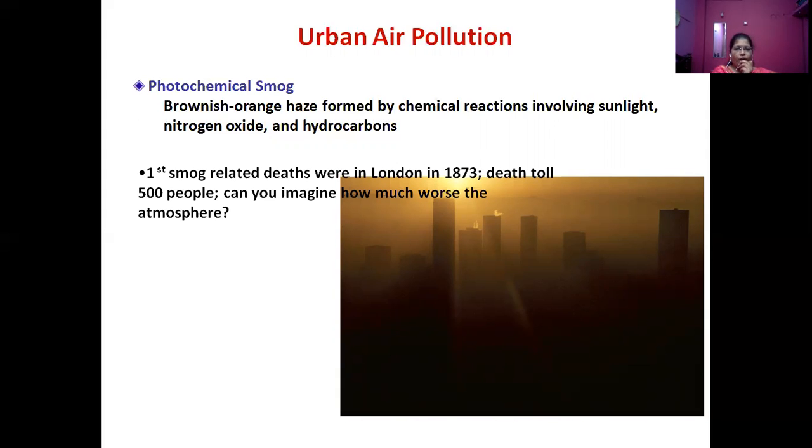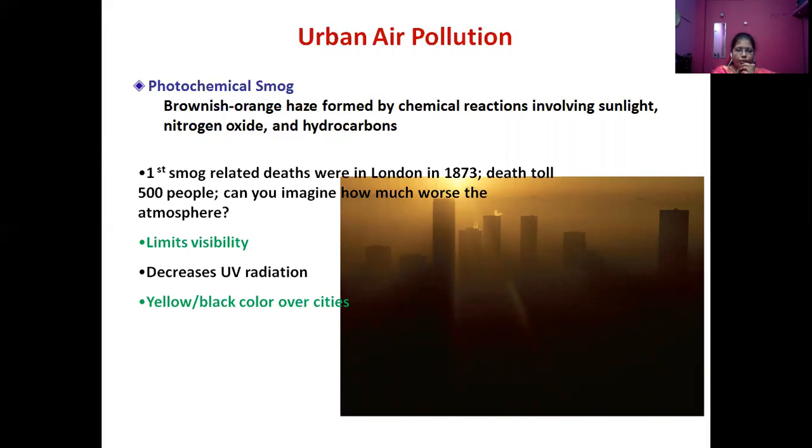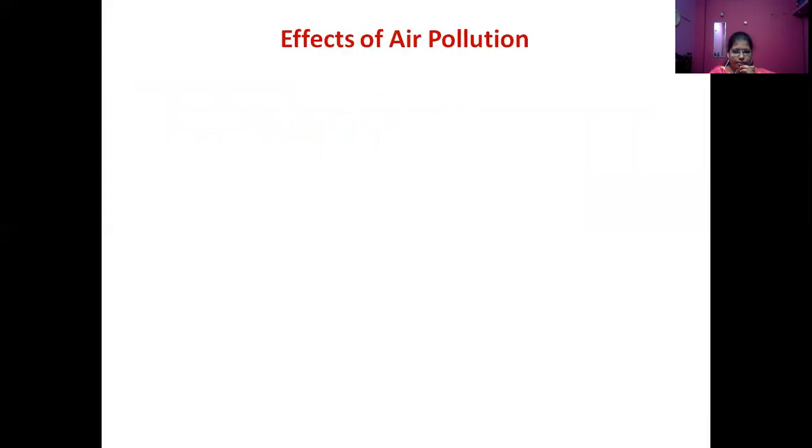Can you imagine how much worse the atmosphere was at that time, which can limit visibility and decrease UV radiation. Since the ozone layer can be damaged, UV radiation can easily come to the earth. The city looks yellow black in color and it causes respiratory problems and bronchitis related deaths.